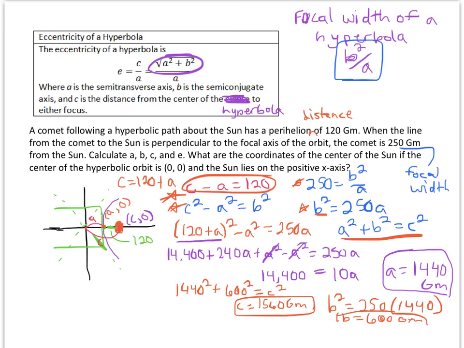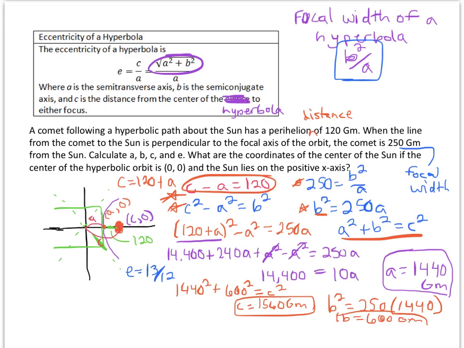And e is c over a. So 1560 divided by 1440 is 1.083 repeating. What is that as a fraction? 13 twelfths. That does not have a unit, because our units would have canceled each other out.